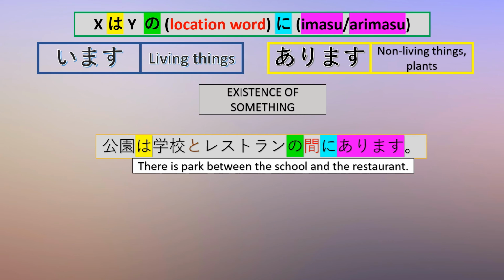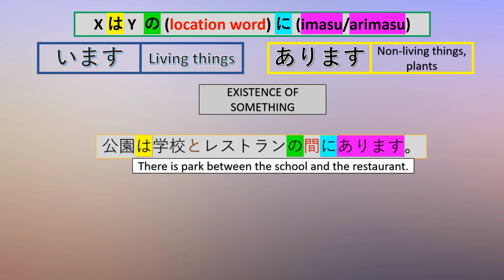So here, when we say koen wa gakko to restaurant no aida desu, we're just saying that the park is between the school and the restaurant. But when we use imasu or arimasu, we are emphasizing the existence of the park between the school and the restaurant.